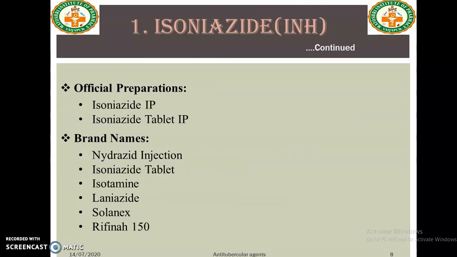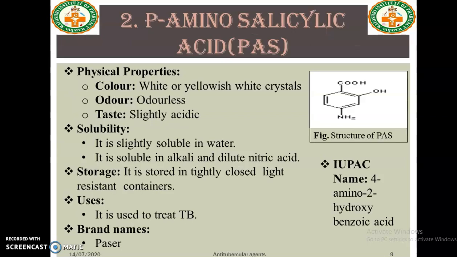The official preparations are isoniazid IP and isoniazid tablet IP. The different brand names for isoniazid are Nidrazid injection, Isoniazid tablet, Isotamine, Lanizide, Solanex and Rifina 150.